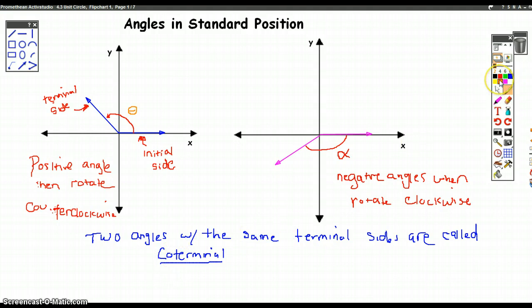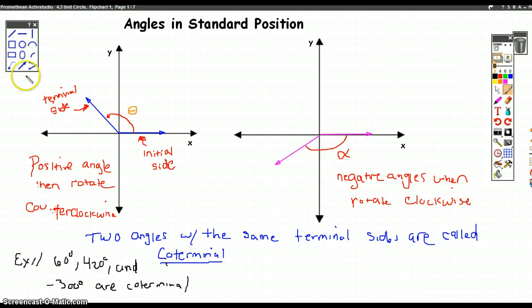So for example, if I give you 60 degrees, 420 degrees, and negative 300 degrees, those are coterminal.